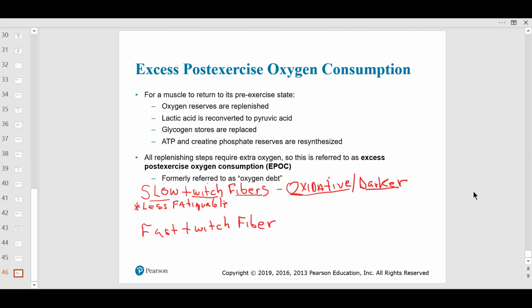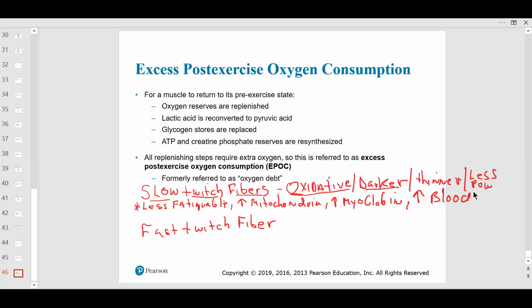And they're darker because there's more mitochondria, more myoglobin, and more blood supply. But they're kind of thinner. They're not thick, and they're also less powerful than the fast twitch fibers.